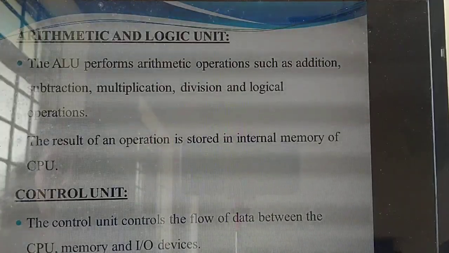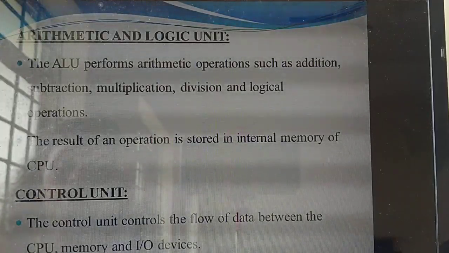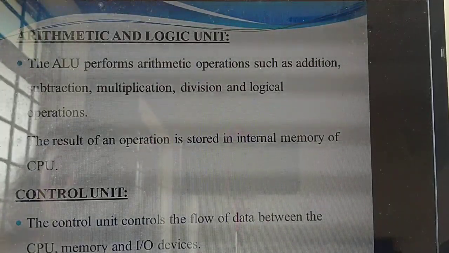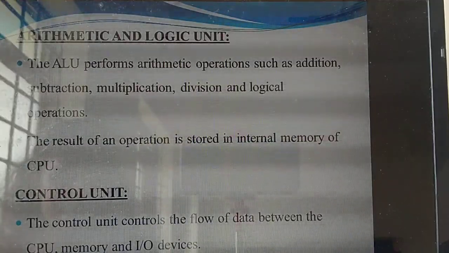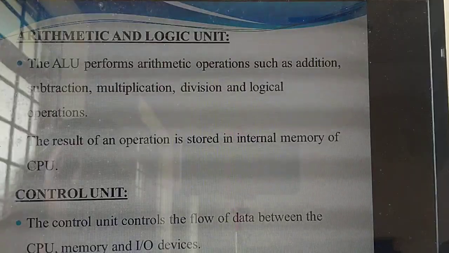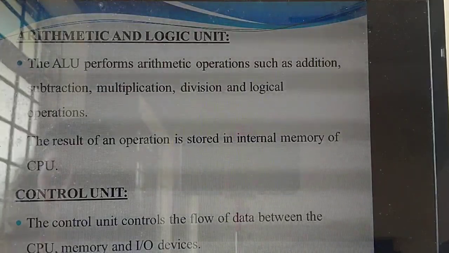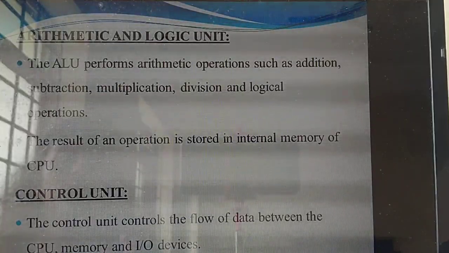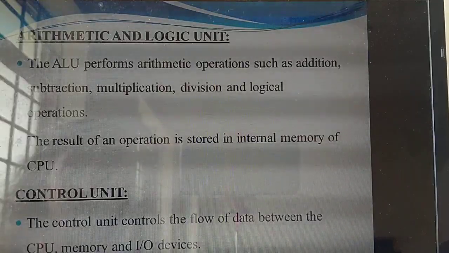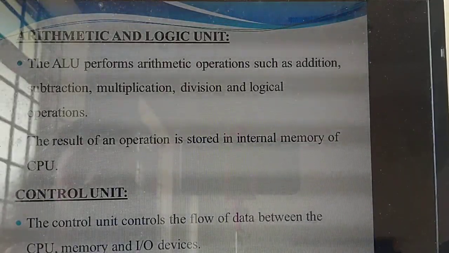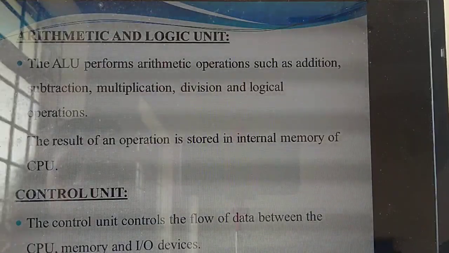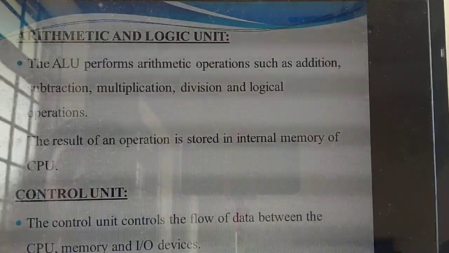For example, inside a class, a lot of students are there. When a teacher enters the class, who is controlling the class? Teacher. Likewise, all the data, information and instructions going inside the computer are controlled by a unit called the control unit. This control unit controls the flow of data between CPU, memory, and I/O devices.